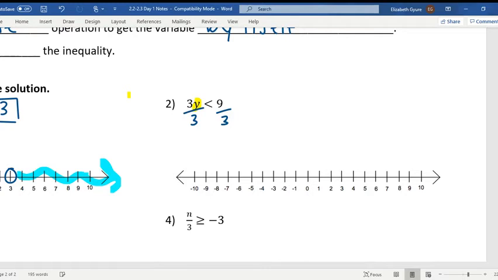Good. And then we would get y is less than what, Kaysen? What's 9 divided by 3? 3. Good. So we now have y is less than 3. Aaron, open or close circle at 3? Open. Good. And Annalise, what direction should I shade?